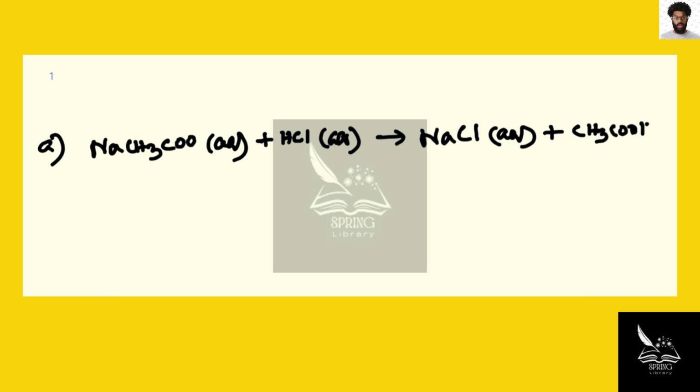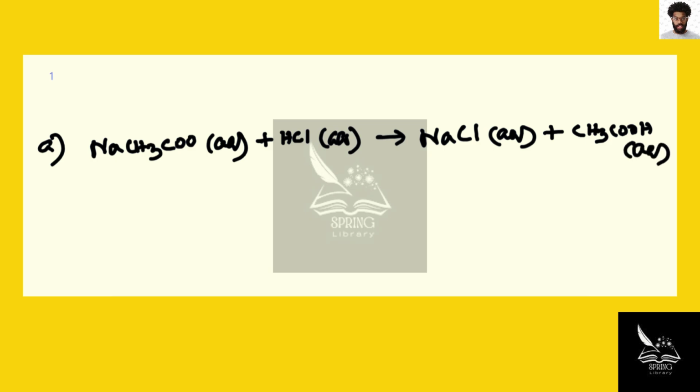It will react with HCl, which will also be in aqueous form, and they will react to form sodium chloride, which is also very strongly soluble in water. That means it will also be aqueous. And finally we will have CH3COOH, or acetic acid, which is also soluble in water.